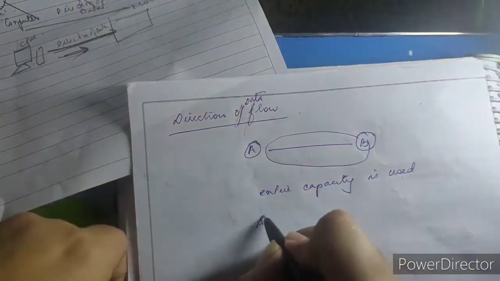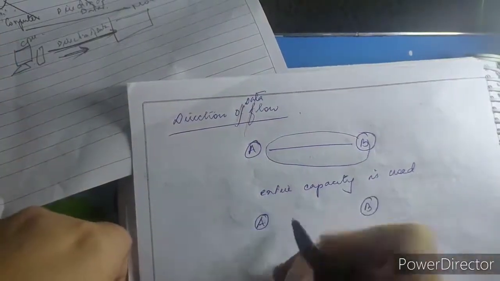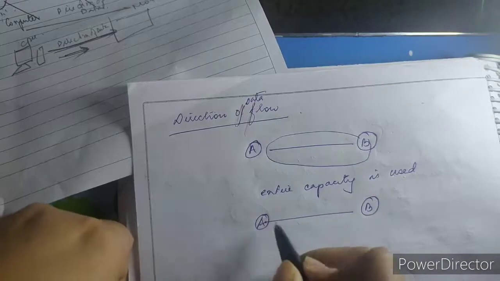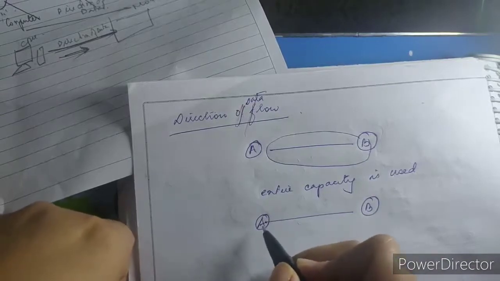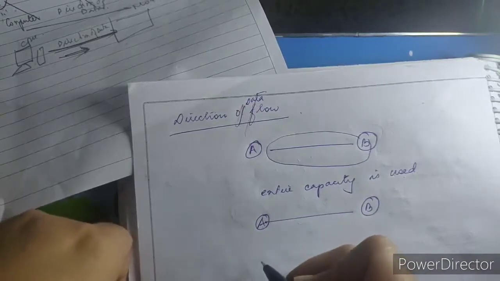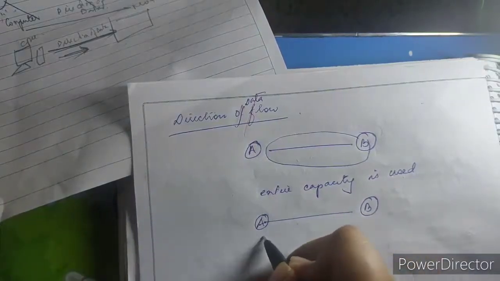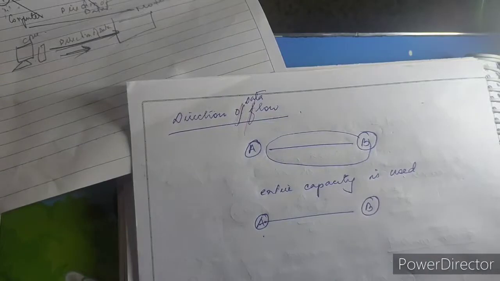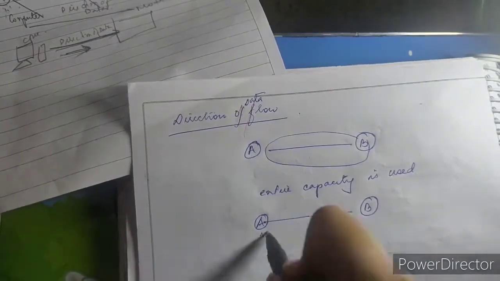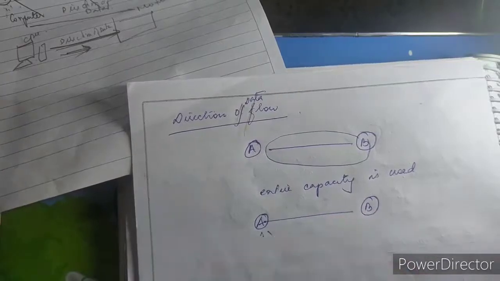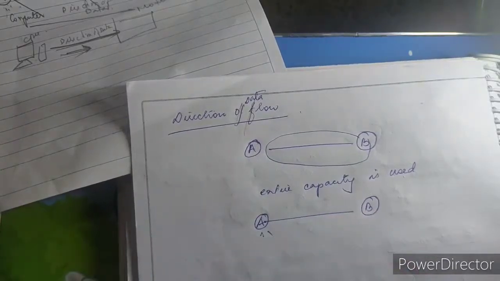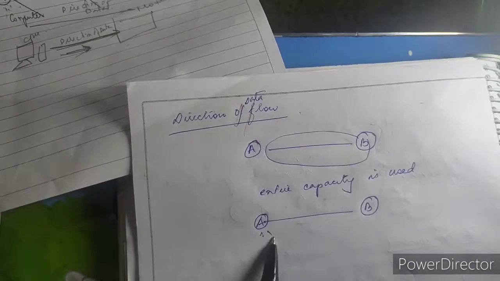So if A is transmitting and B is receiving, then the capacity of the channel will be used by A, because A is the sender. So the entire capacity of the channel will be used by the device A that is transmitting the data.